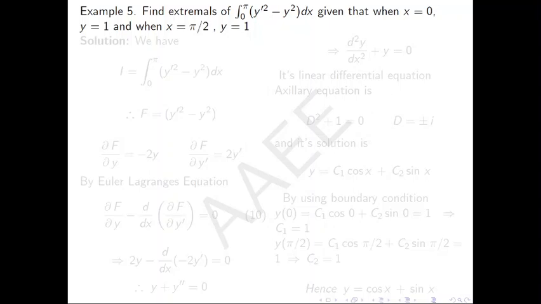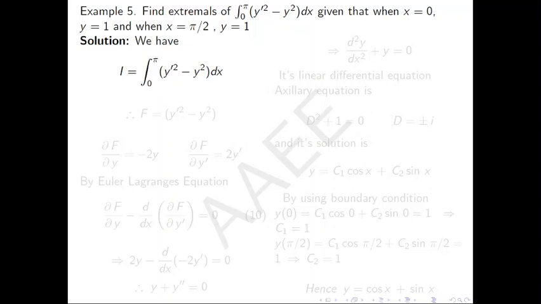Next problem. Kindly note that in this problem boundary values have been given. The integral from 0 to pi of (y dash square minus y square) dx, given that for x equal to 0, y is equal to 1, and for x equal to pi by 2, y is equal to again 1.